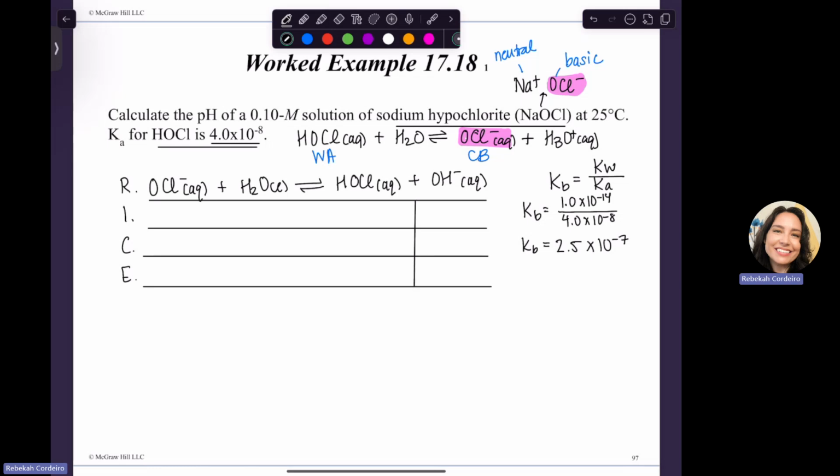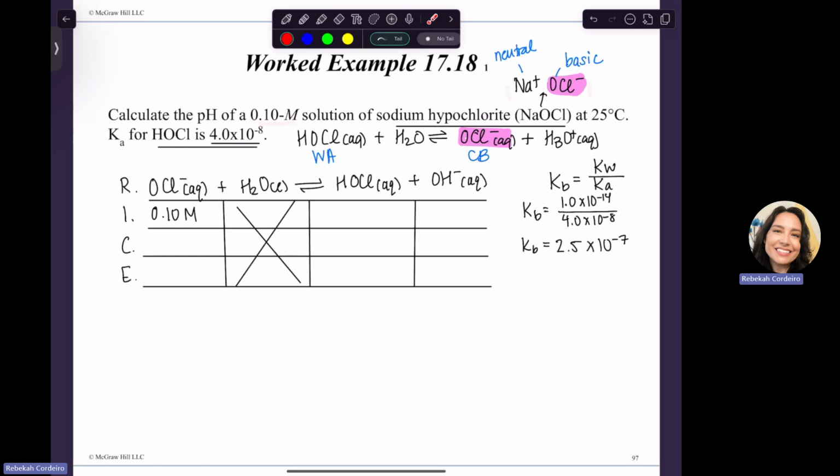Again, I always draw my lines right under the plus signs and right under the arrows. Water is a liquid, so we don't have to worry about it. They give us 0.10 molar hypochlorite solution. And I've got to make sure that we're using mole ratios here because it's a 1-to-1 ratio. We can just use this number.